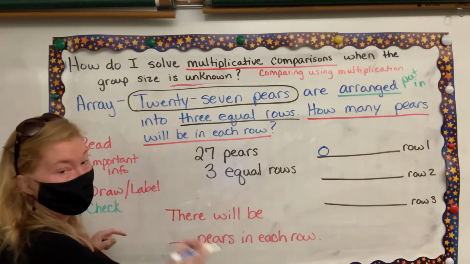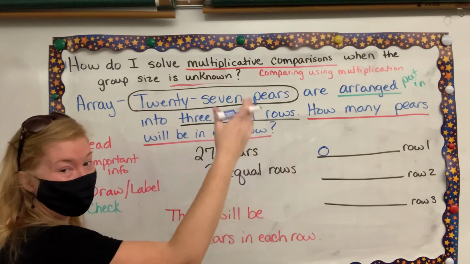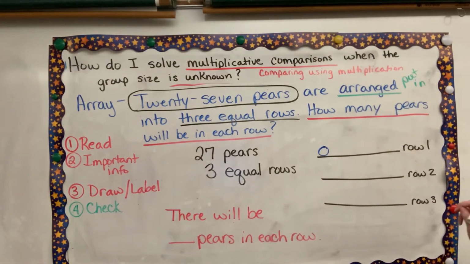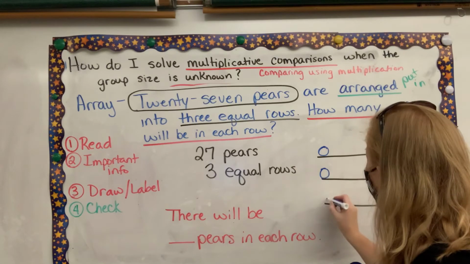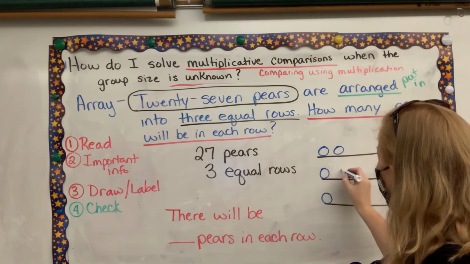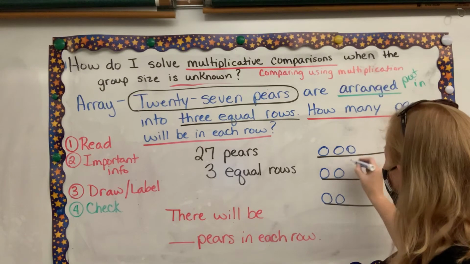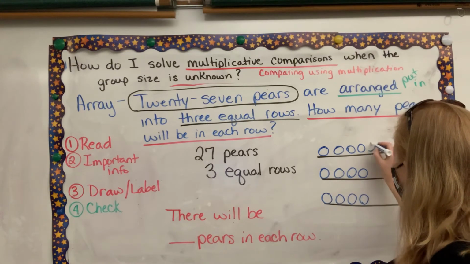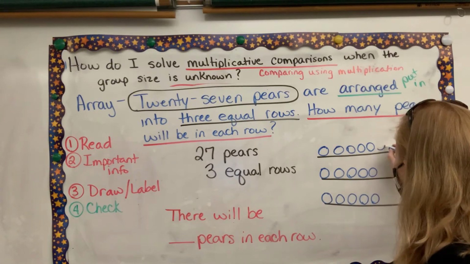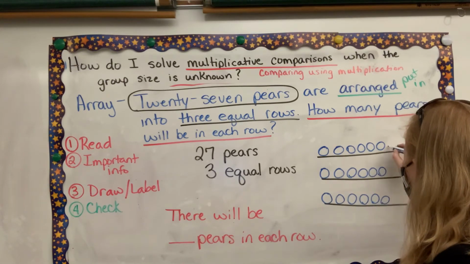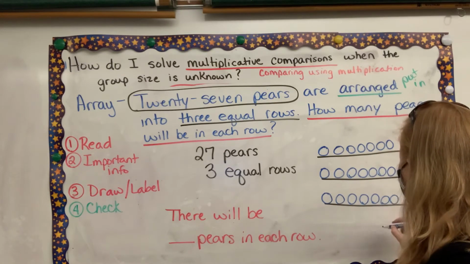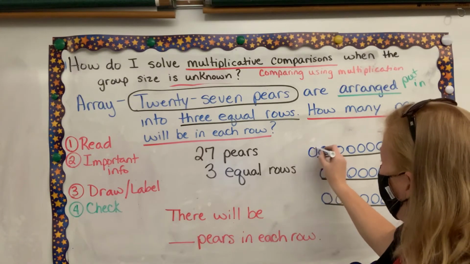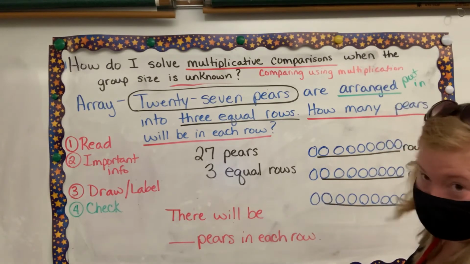I'm going to make an array, and I'm going to do my best to make sure things are straight going across and up and down. 1, 2, 3, 4, 5, 6, 7, 8, 9, 10, 11, 12, 13, 14, 15, 16, 17, 18, 19, 20, 21, 22, 23, 24, and I run out of room, so 25, 26, 27.